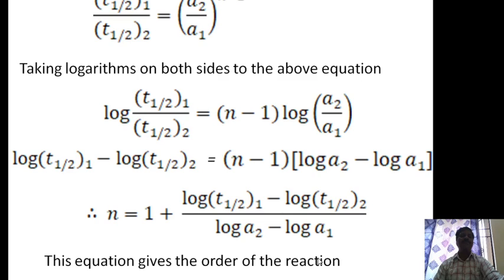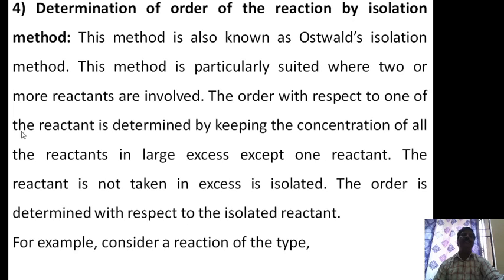by the half-life period. Now coming to the fourth method, the determination of order of the reaction by the isolation method. This is the most important part, an examination point. This method is also known as Ostwald's isolation method. This method is particularly suited where two or more reactants are involved.